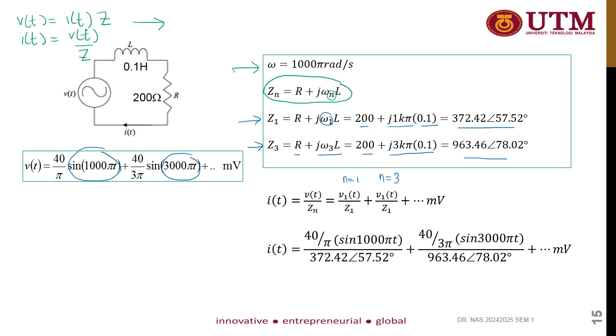So It for V1, so this is your V1, divided by your Z1. So this is your Z1, and then V3. So this is your V3 divided by Z3. So then simplify the equation for your final answer. So this one equal to the final equation.